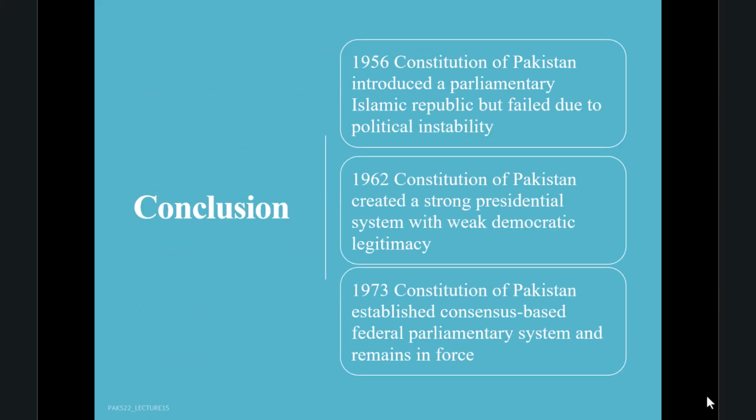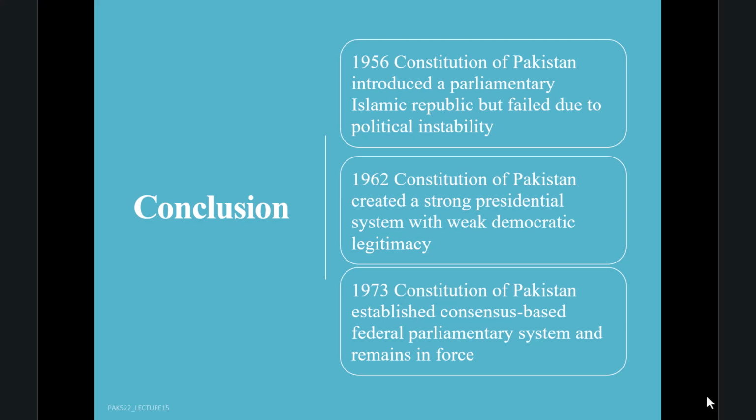So students, now we will discuss the conclusion of our topic. The constitutional history of Pakistan reflects the country's continuous struggle to establish a stable and democratic political system. The 1956 Constitution laid the foundation of Pakistan as an Islamic republic with a parliamentary structure but failed due to political instability. The 1962 Constitution introduced a strong presidential system under military influence yet lacked democratic legitimacy.